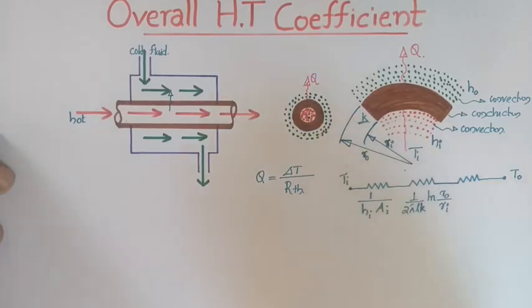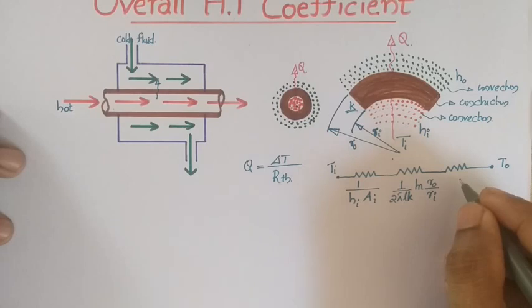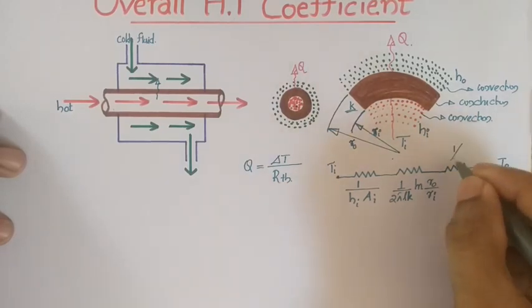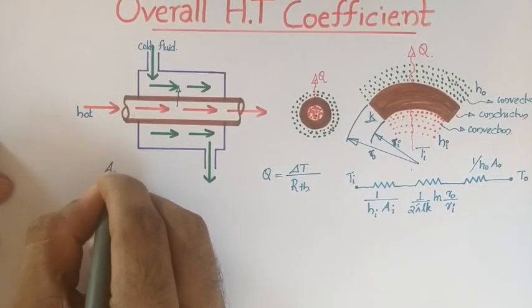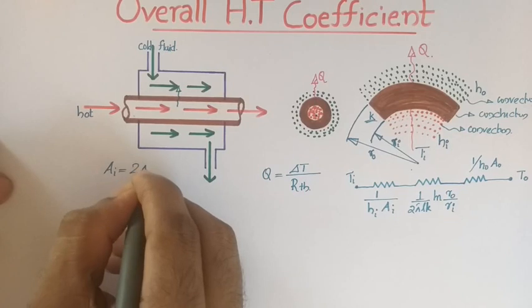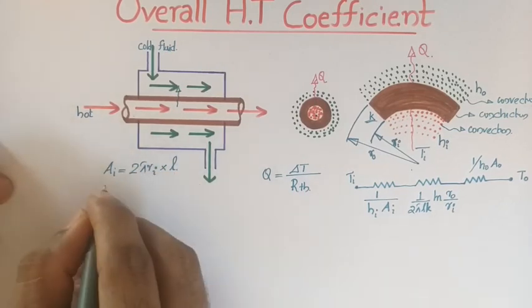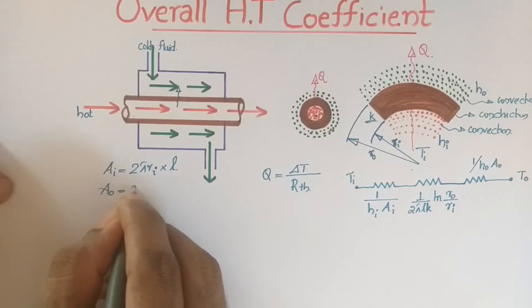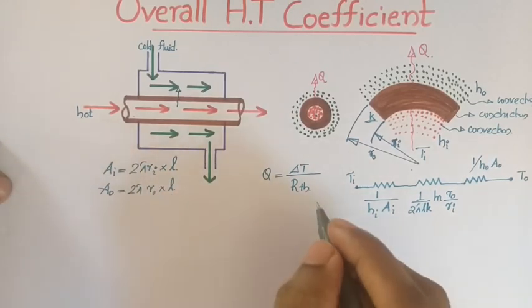This we studied in the first module, the conduction chapter. Then the last resistance is again 1 by Ho Ao. The inner area is 2 pi Ri L, with Ri the inner radius and L the length of the heat exchanger, and the outer area is 2 pi Ro L. This is the total resistance.